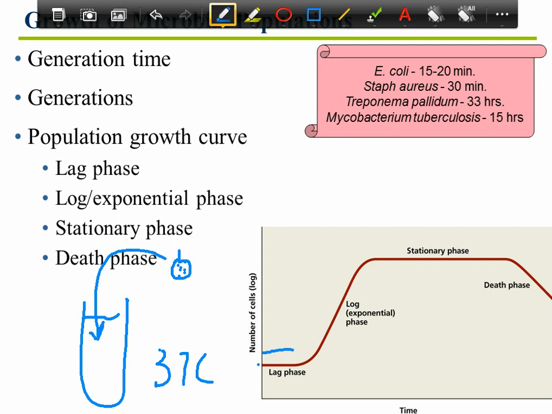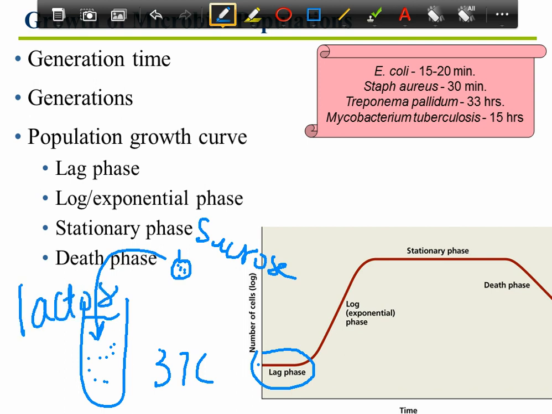You can see that pretty much nothing happens. It's called lag phase. There are some cells that are beginning to grow, and they're dividing, but not much. It's negligible. And the reason is that the cells haven't adjusted to the new nutrient. Maybe we took this inoculum from a sucrose broth, and the new medium we put them into is a lactose broth.